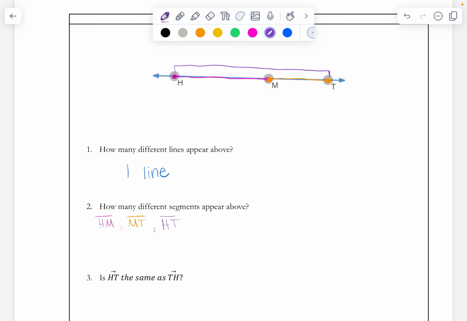But I'm going to name it as HT. And remember, you'll want to put those lines on the top with no arrows representing a segment. I don't see any other segments in this diagram, so I would say we have 3 segments in this picture.